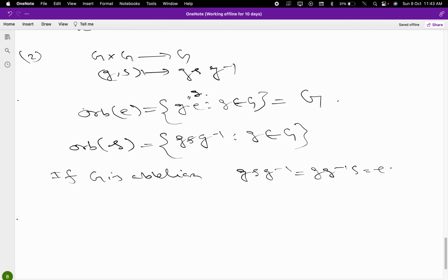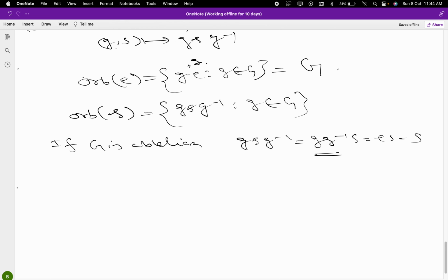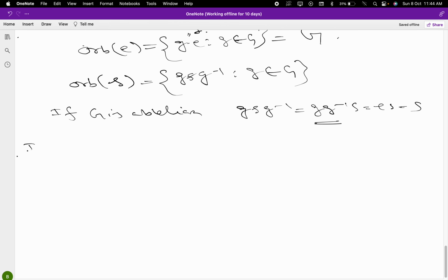This is actually e s, which is actually s. This is just for commutative or abelian groups. So if G is abelian, then the orbit of any element s is actually the singleton set {s}. We take any element here, and it will give us the orbit of s as only a singleton element.